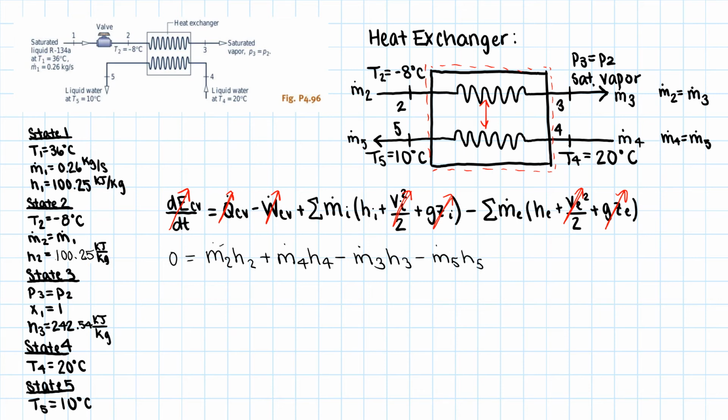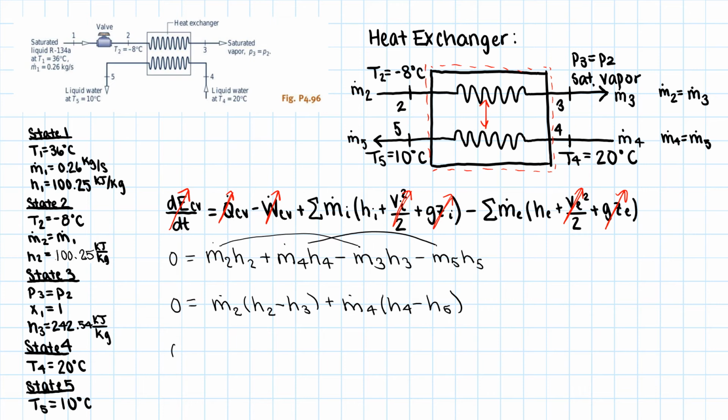We know that the mass flows at 2 and 3 are equal, and 4 and 5 are equal. So because of that, we're going to have that m dot 2 times H2 minus H3 plus m dot 4 times H4 minus H5 will equal 0.